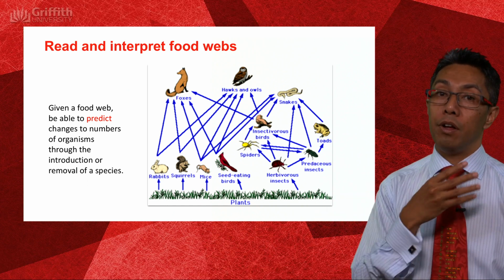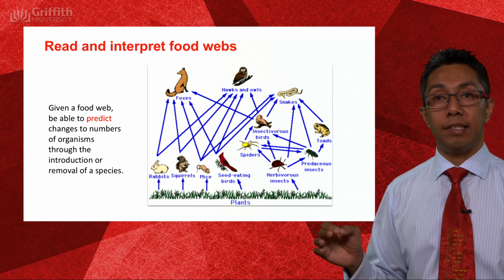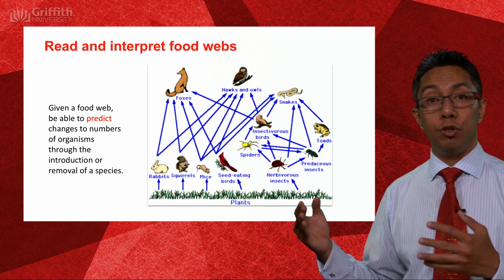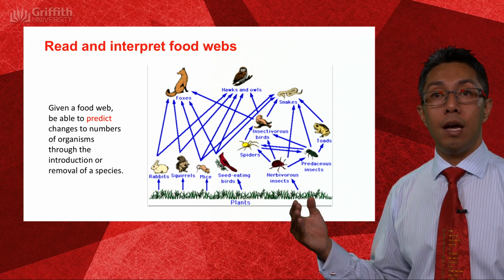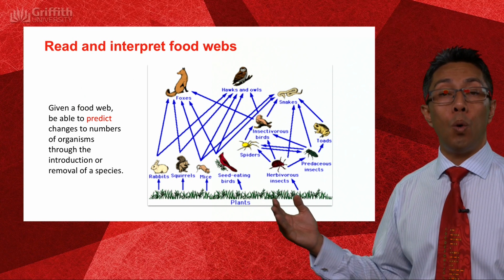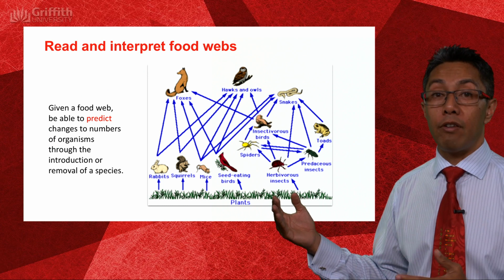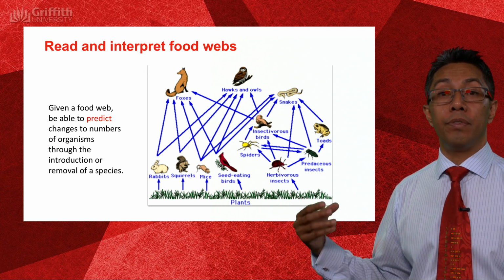Okay? Now, there are actually names for each of these layers. So at the bottom, the organisms which are able to produce their own energy are known as producers or autotrophs. Okay? Now, incidentally, where they get their energy from is from the sun.